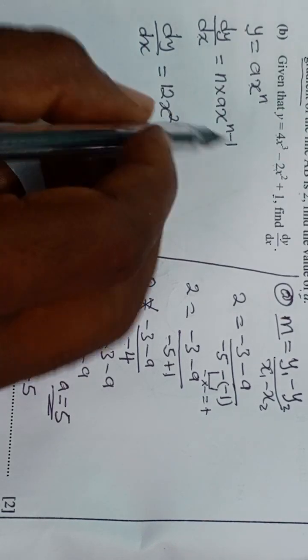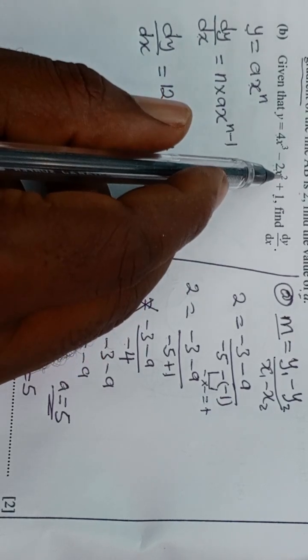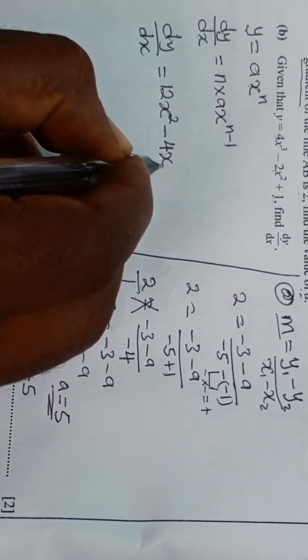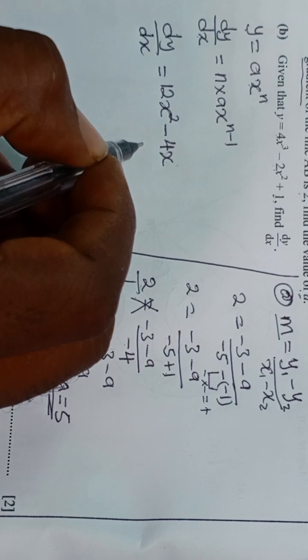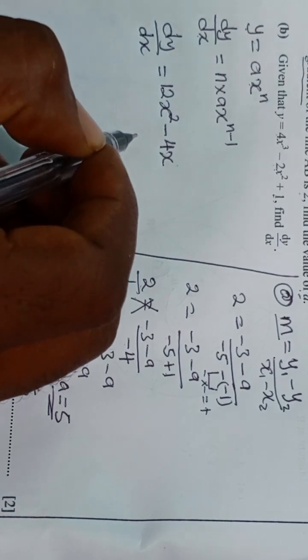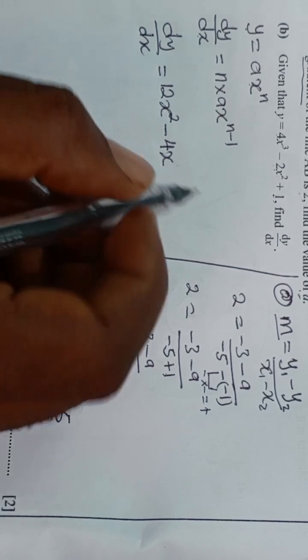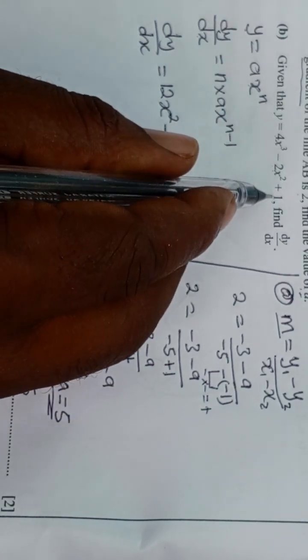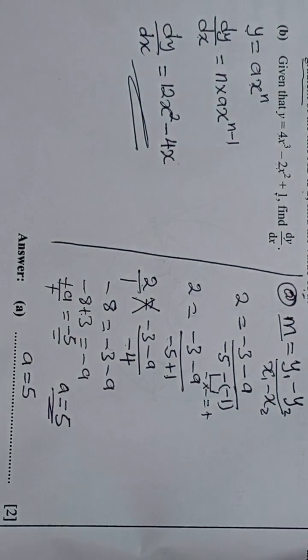So 2 times 2, that is 4. You reduce the power by 1. So in this case, you don't need to write the power 1, because any number or letter to the power 1 is the number or letter itself. So no need for you to write the power 1. Then differentiating a constant, it is a 0. So that is the answer.